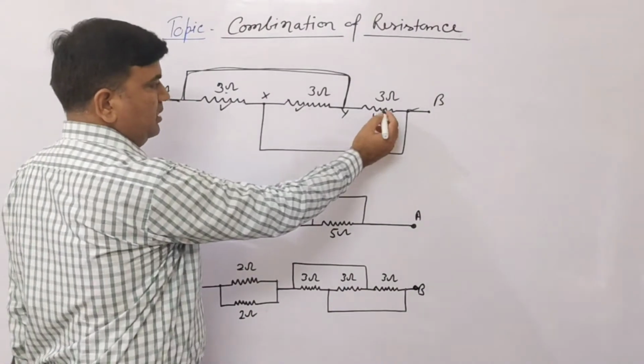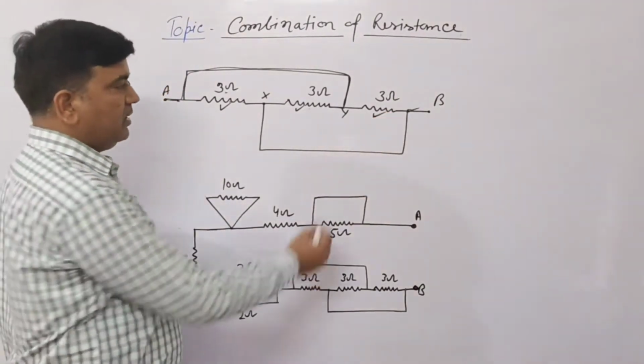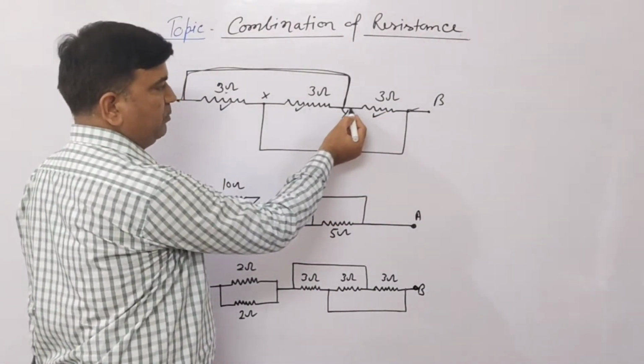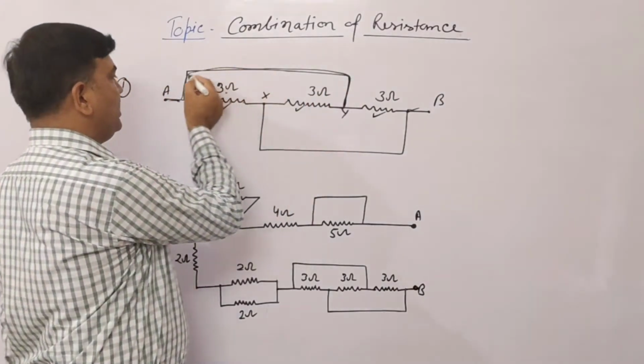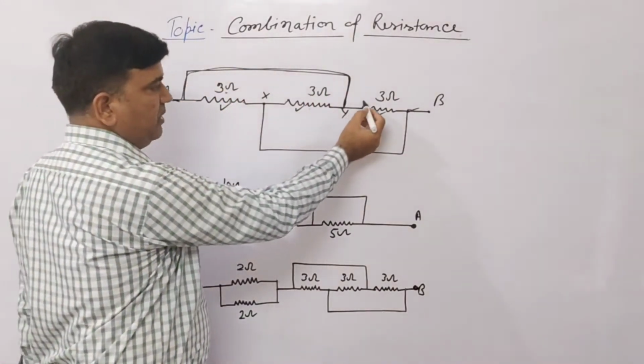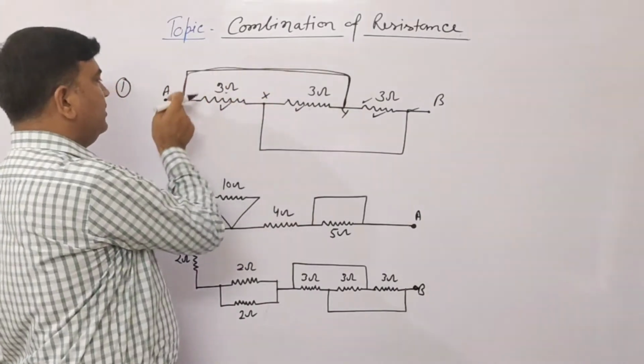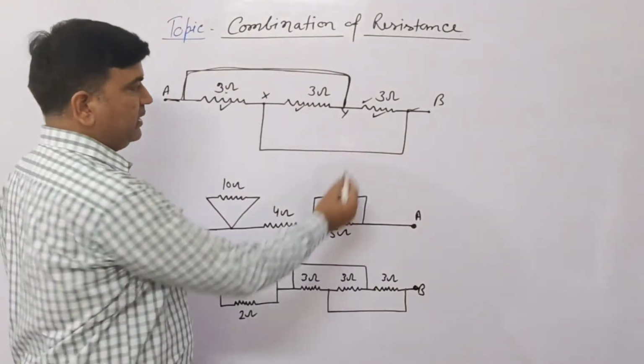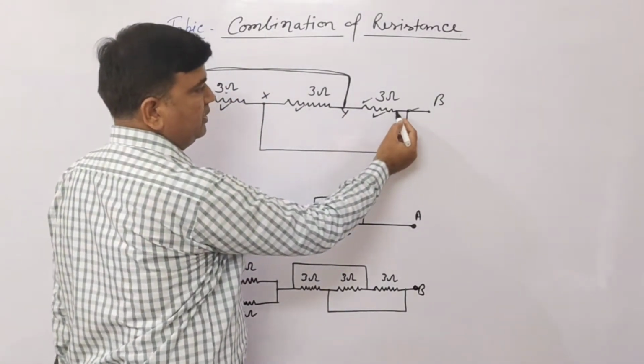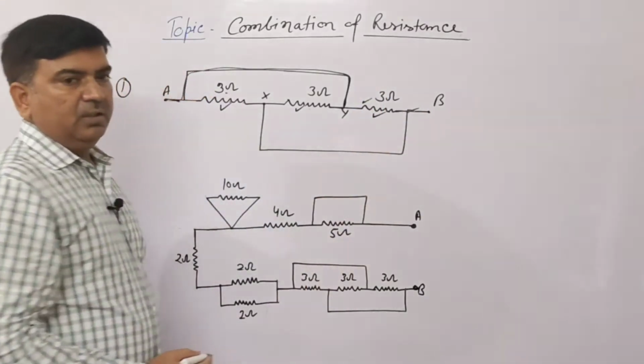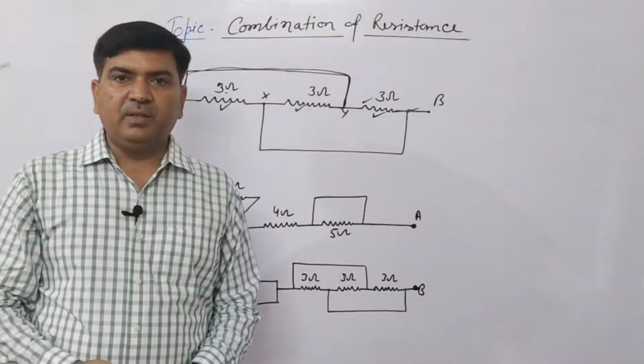And now see the third resistance. One terminal of this resistance is joined with point Y, and Y is joined with point A. So one terminal of this resistance is also joined with point A, and the other terminal of the same resistance is joined with point B. That is clear, no confusion.